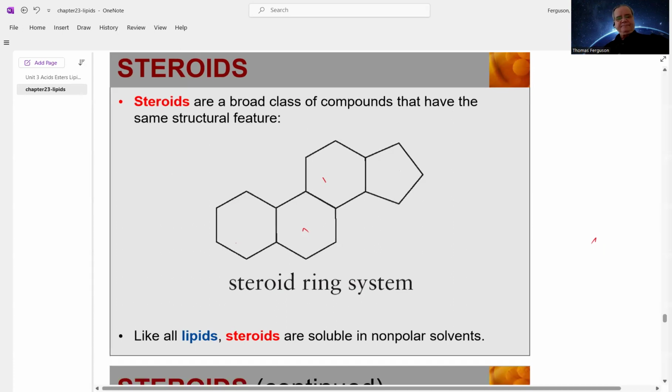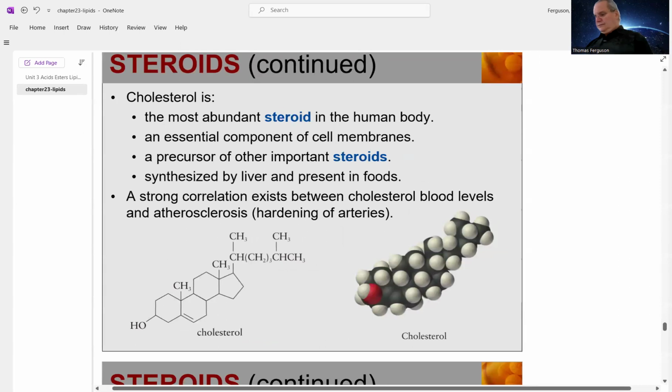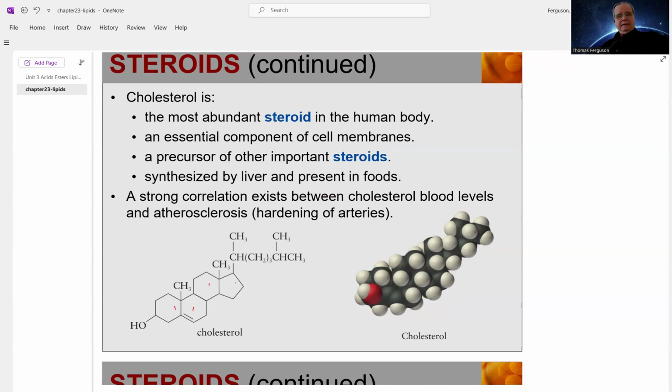So here's 1, 2, 3, 6-carbon rings, 5-carbon ring. And then there's various stuff hanging off of it. We have a whole bunch of steroids in our body. And they're used frequently in medication for your body.